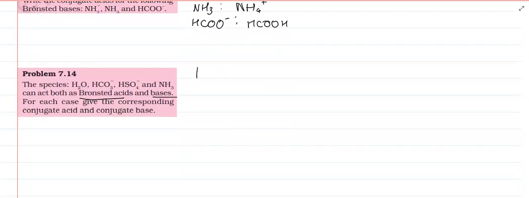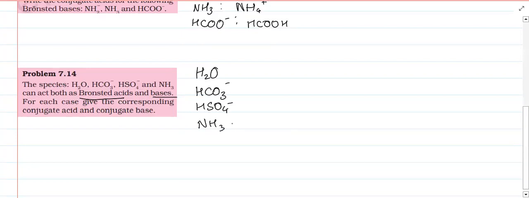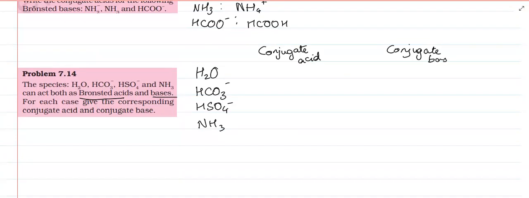So such species are H2O, HCO₃ minus, HSO₄ minus, and NH₃. It's basically the same table, but I'm going to explain it. So conjugate acid and a conjugate base.